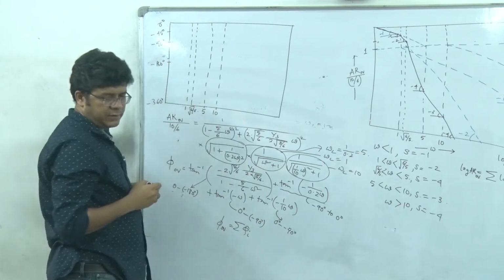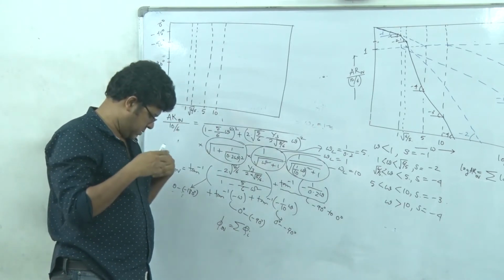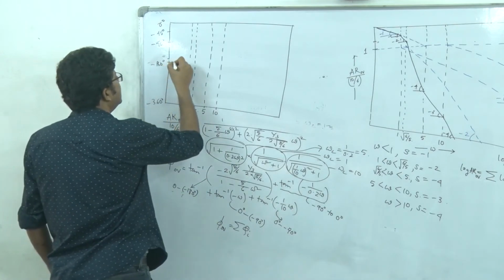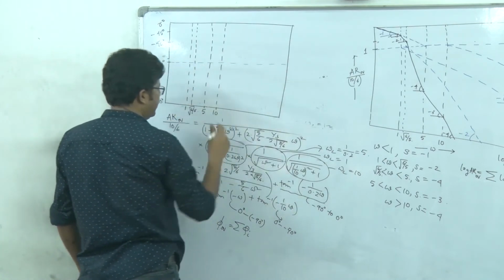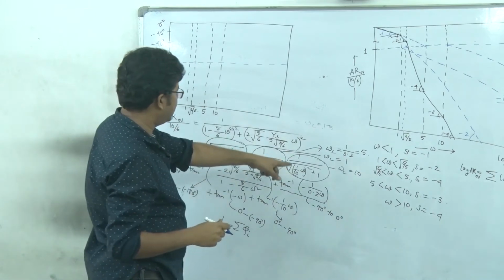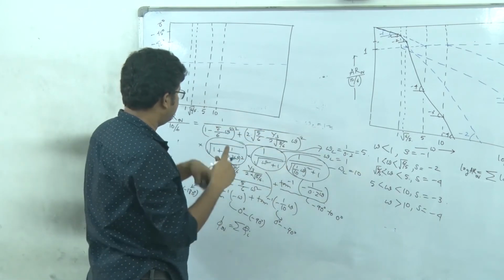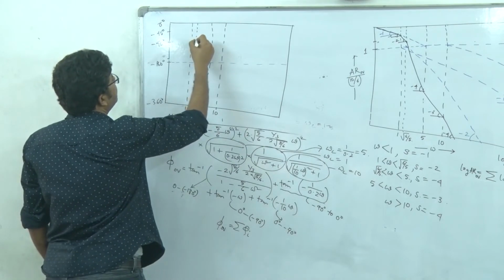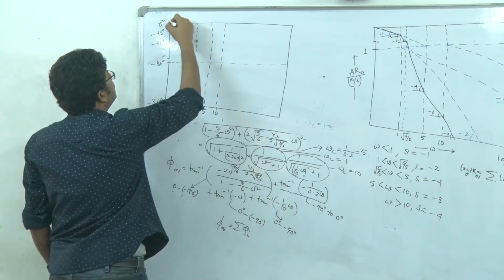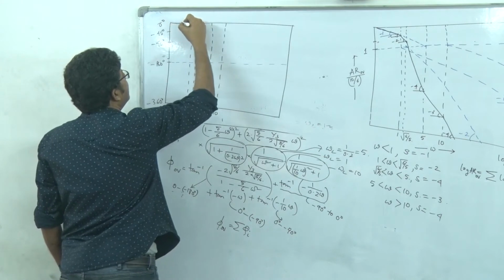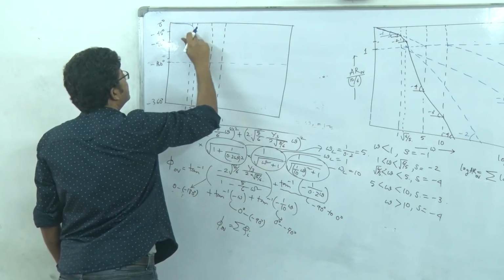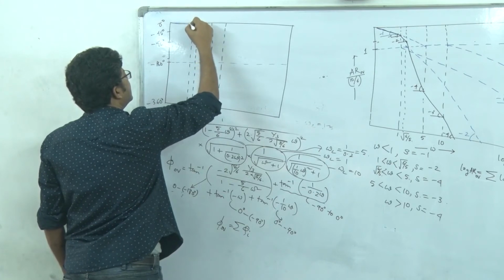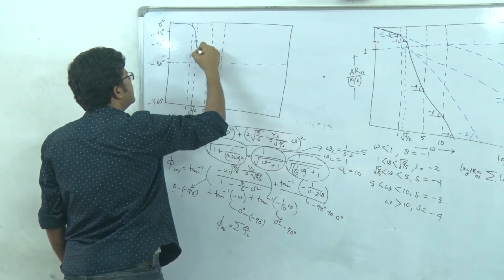And for that the plot will be like this. The corner frequency, as we have calculated, was root 6 by 5. So at root 6 by 5 the value will be this, and as it is underdamped, it will be rather steep like this.